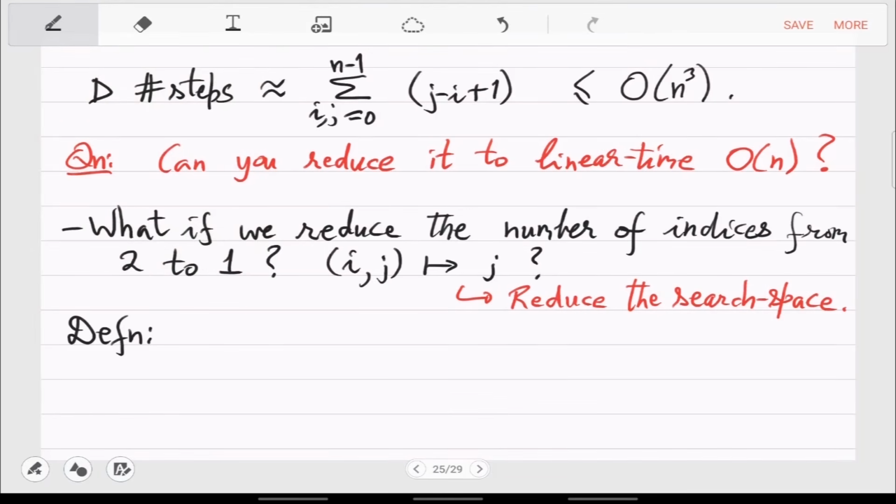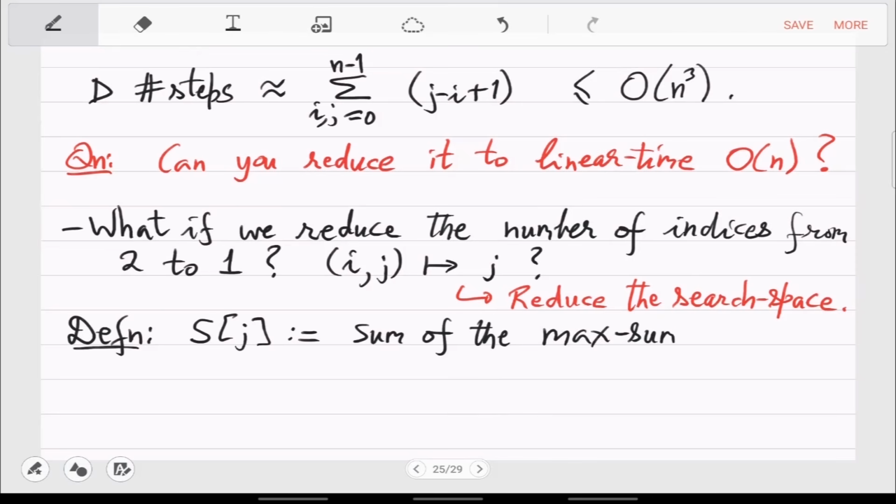So let's first define what we are trying to do with j, just j. So let us define Sj to be the max sum subarray ending at j.